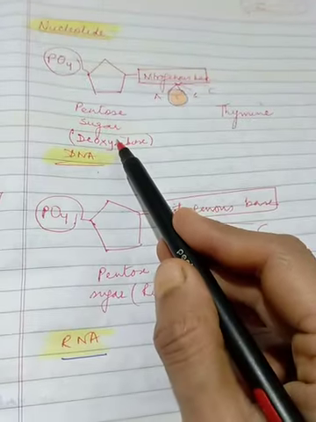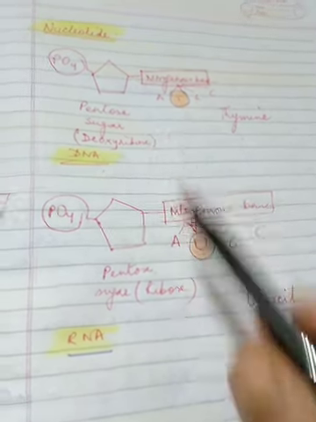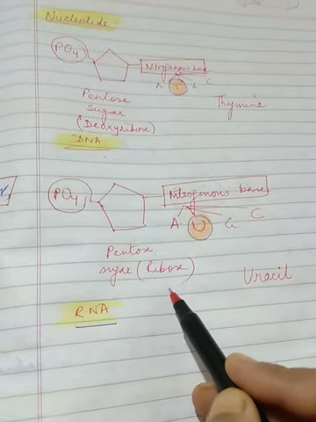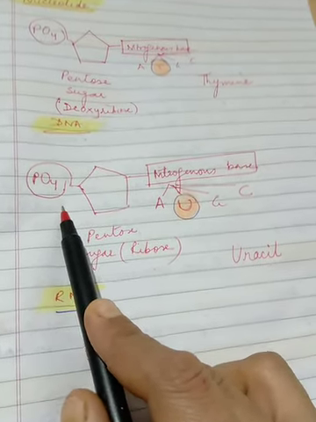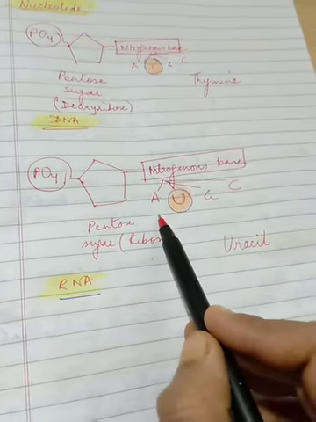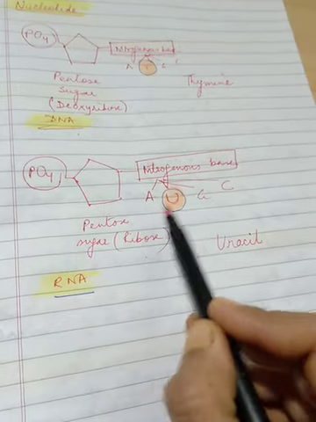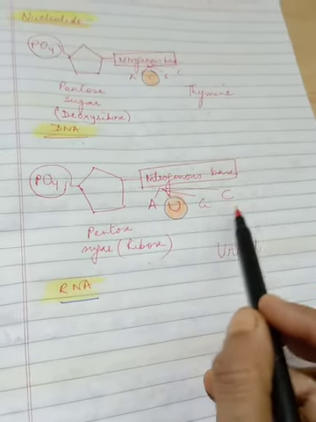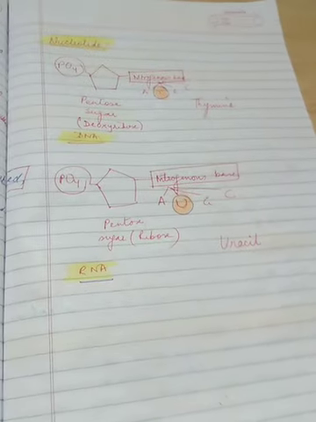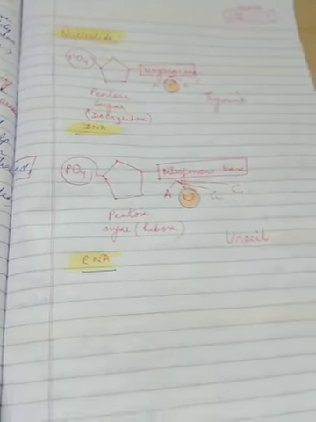In sugar, if it's deoxyribose here, then here it is ribose sugar, the pentose sugar, that is ribose. The phosphate group would be as it is, and the nitrogenous bases become A, U, G, C, that is adenine, uracil, guanine and cytosine. So that's the difference between the nucleotide of a DNA and a nucleotide of RNA.